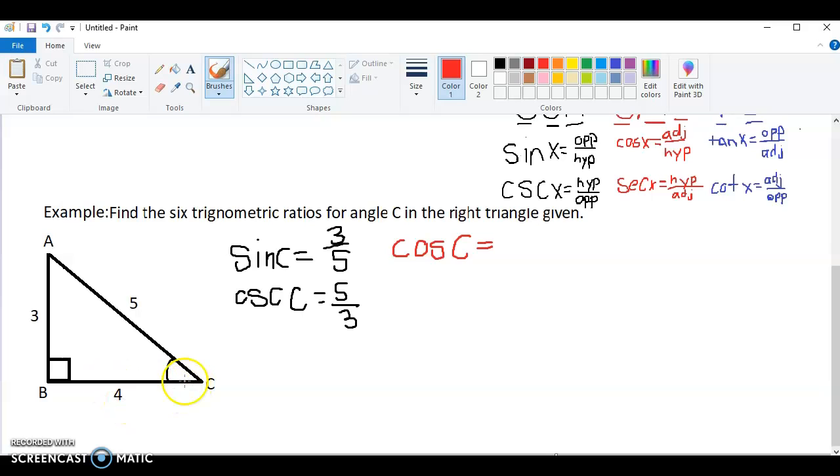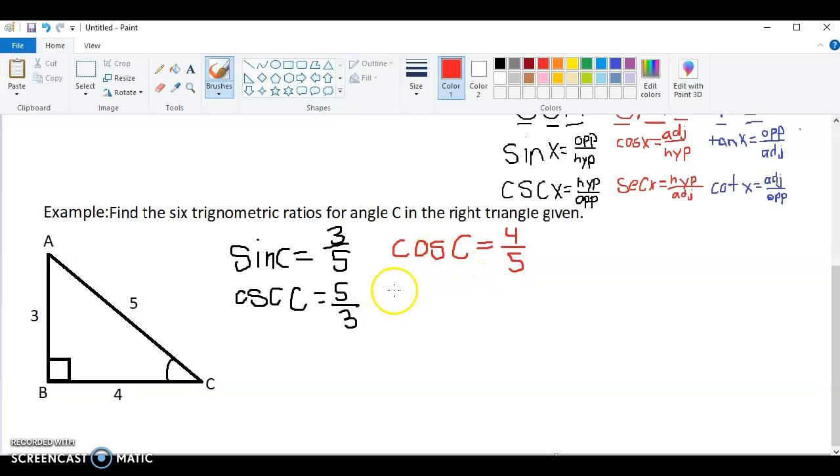And adjacent would always depend on the angle. For instance, if the angle was A instead, the adjacent would be 3. So beware of that and don't mix them up. So adjacent 4 over hypotenuse, which is 5.